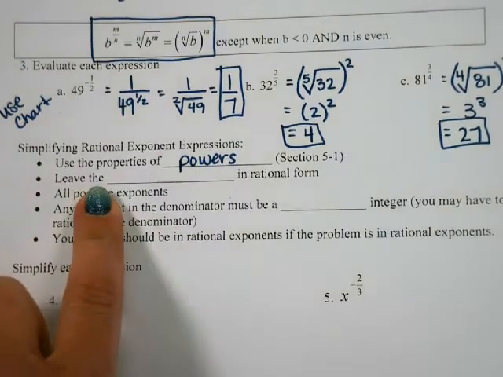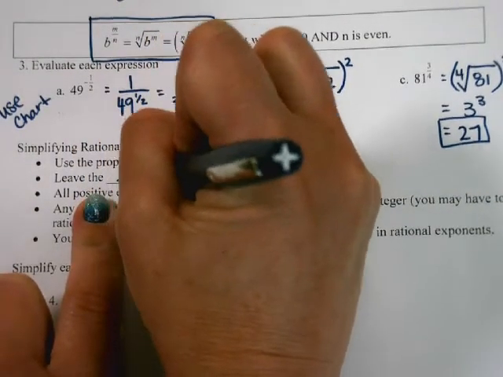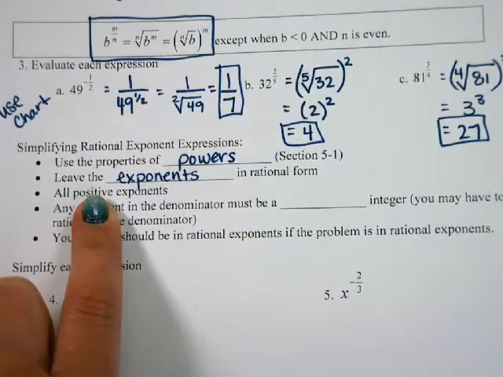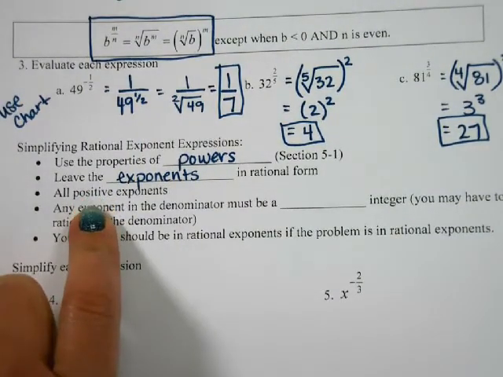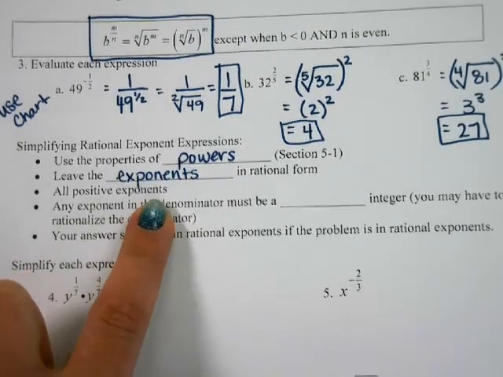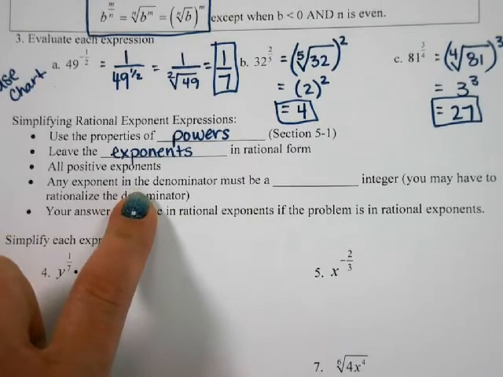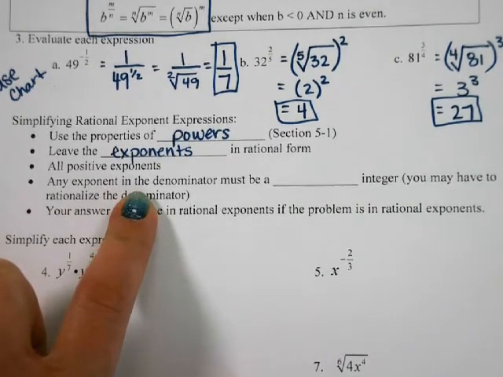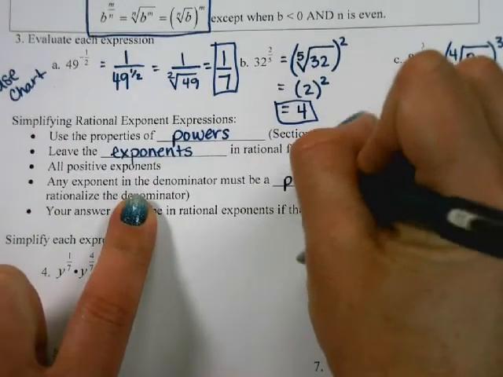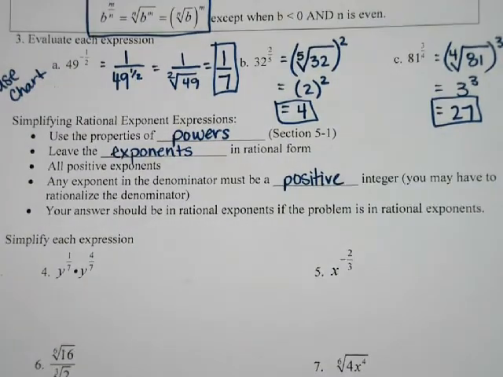Leave the exponents in rational form. All positive exponents. We can't ever leave an exponent that's negative, so we'll have to fix it if it's negative. Any exponent in the denominator must be a positive integer. Meaning, no fraction exponents in the denominator.